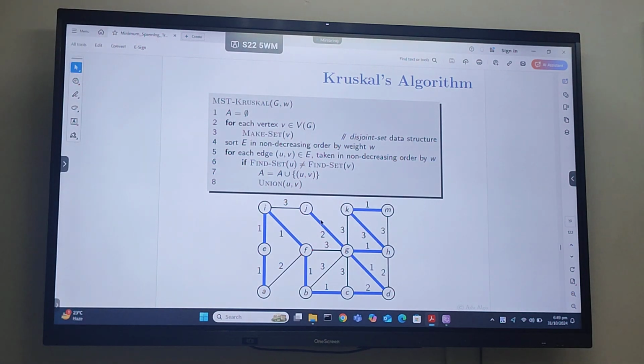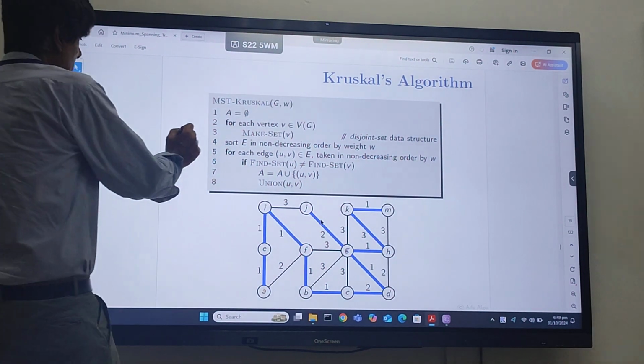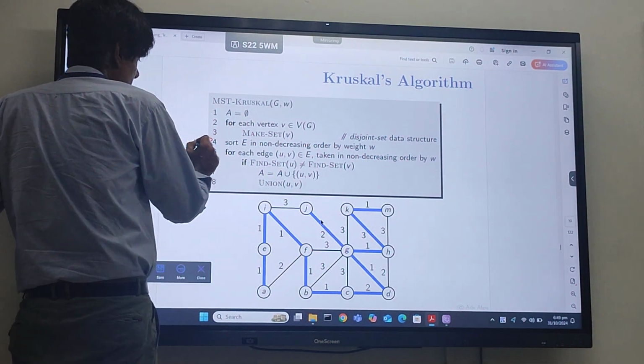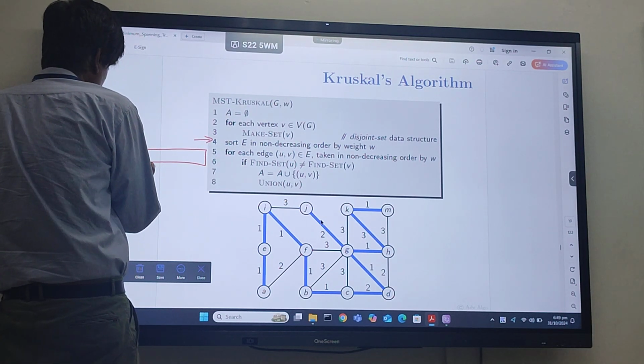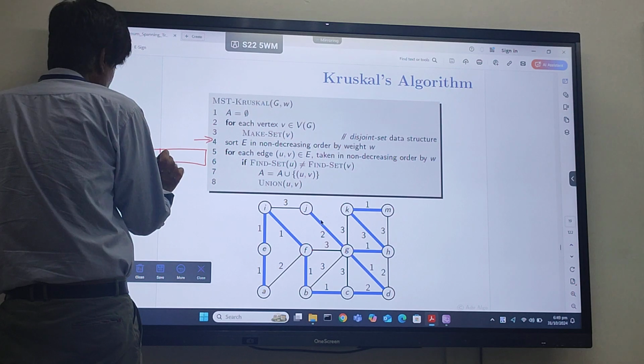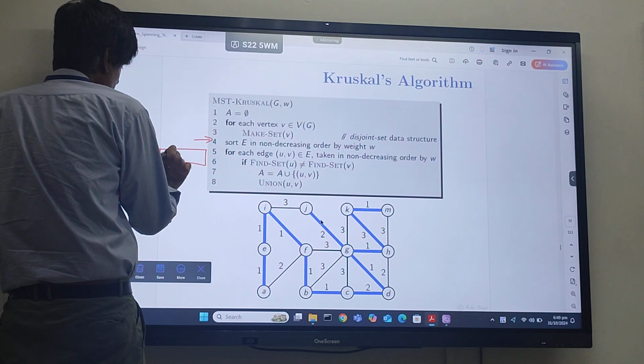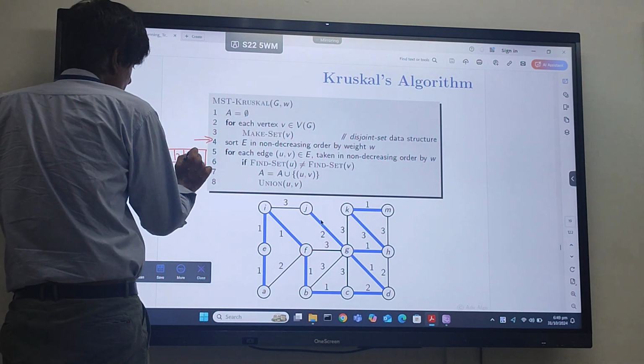Sir, as you said, we first include the edges with the lightest weight. So where is the algorithm checking the edges with the lightest weight? We have sorted it. We have an array. So we first have edges with weight one, then we get edges with weight two, and so on.